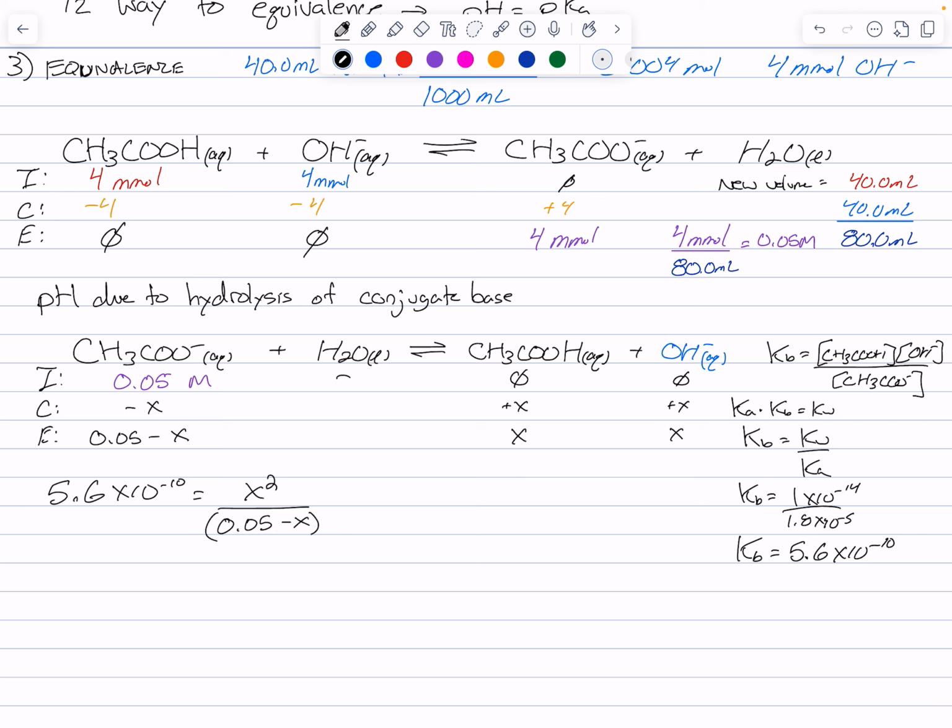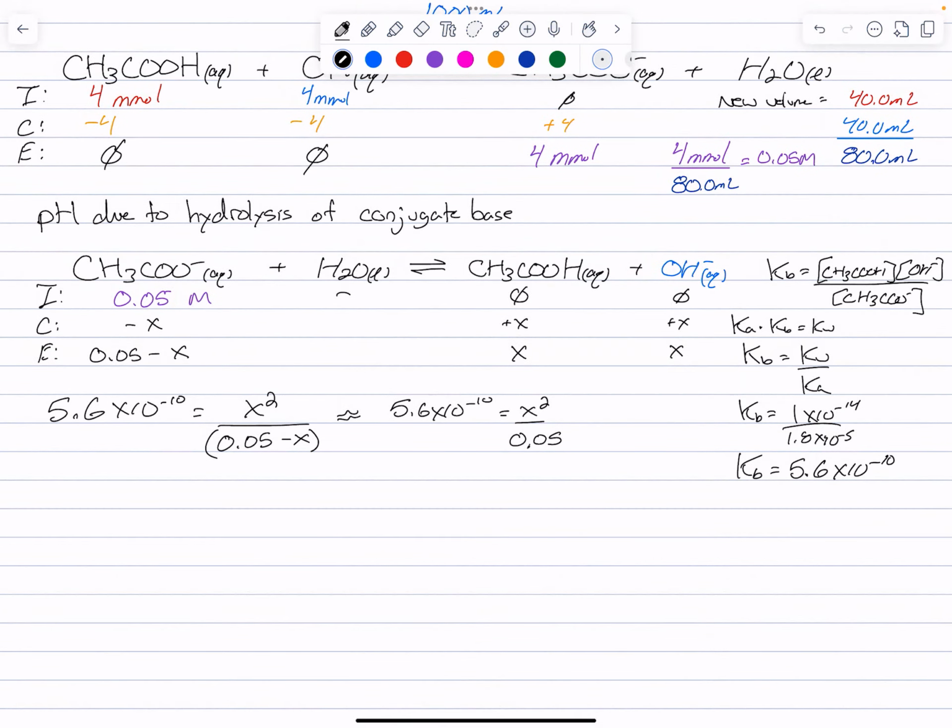Because we are quite more than 1,000 times, about 10 to the 8th times, we can approximate that the change is negligible. So 5.6 times 10 to the negative 10 equals x squared all over 0.05. We're going to approximate that.